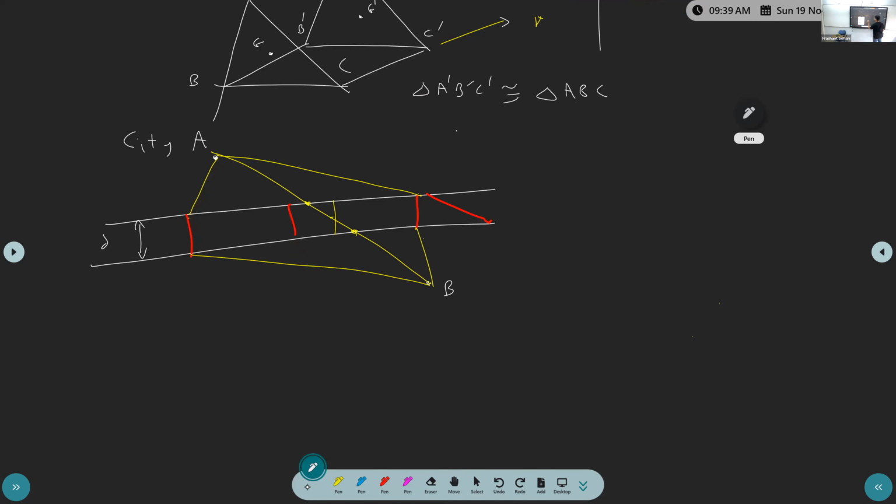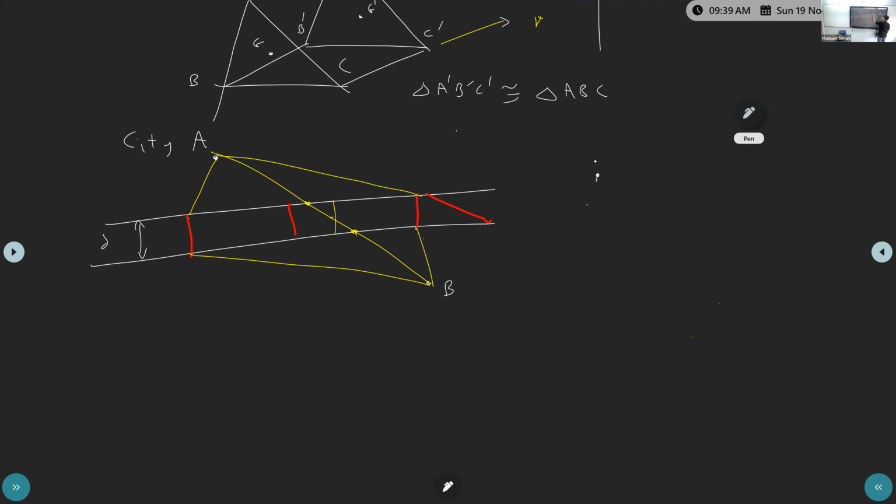So A is here, B is here. There is a river, which is basically two parallel lines you can say, of length D, and you need to find the position of the bridge.